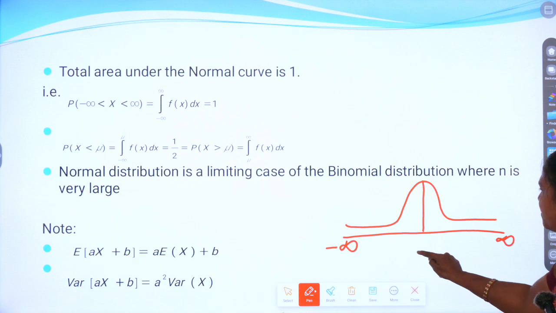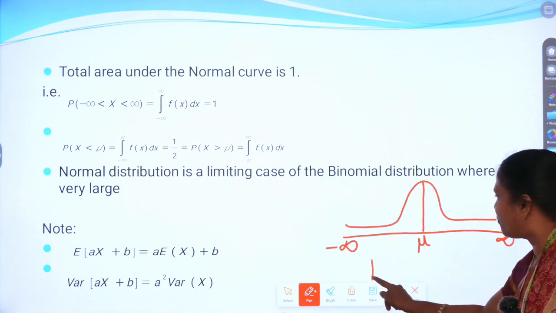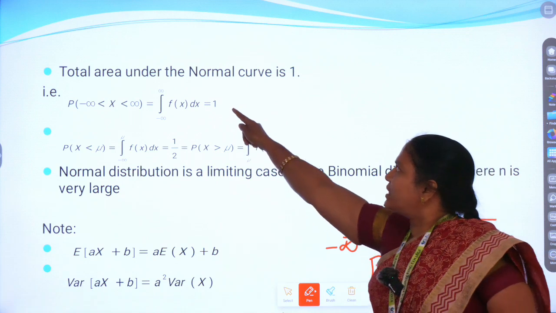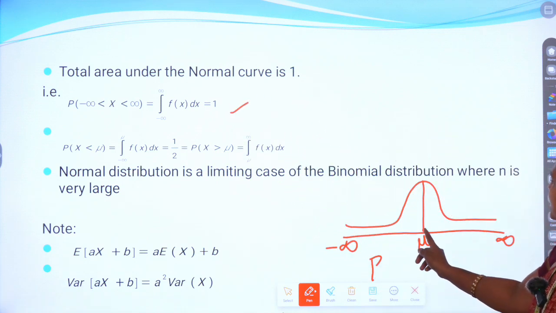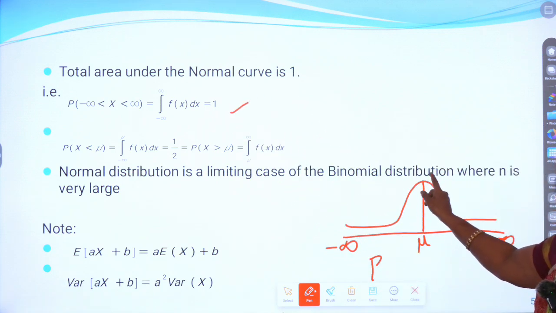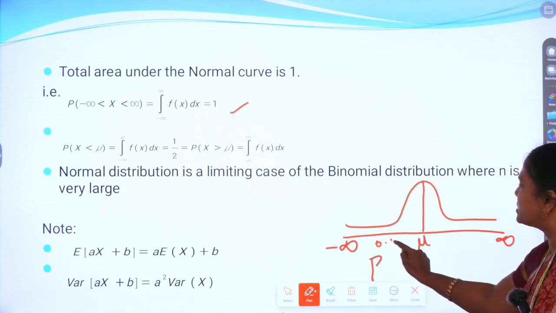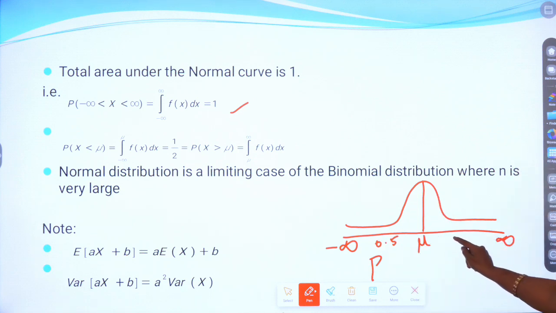The center is the mean. So the probability of minus infinity less than x less than infinity is 1. Since the curve is symmetric, the left hand side probability is 0.5. Likewise the right hand side probability is 0.5.